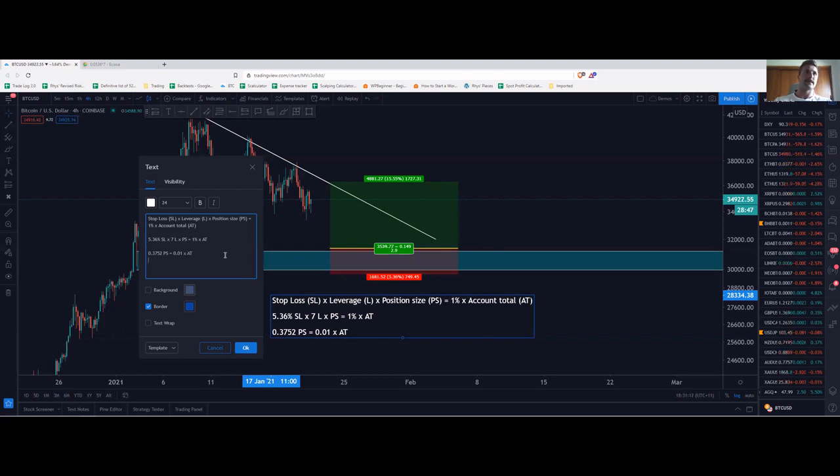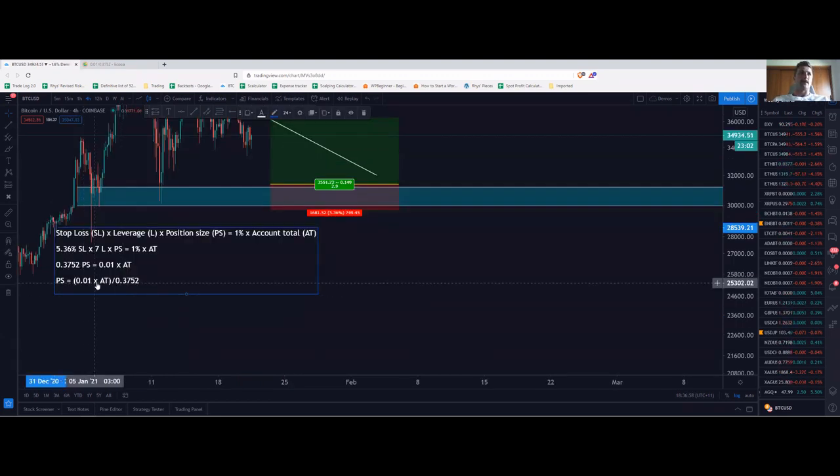And so then to get position size by itself, because that's the aim of this exercise, we want to calculate your position size, we divide both sides by 0.3752. So we get 0.01 times our account total divided by 0.3752.